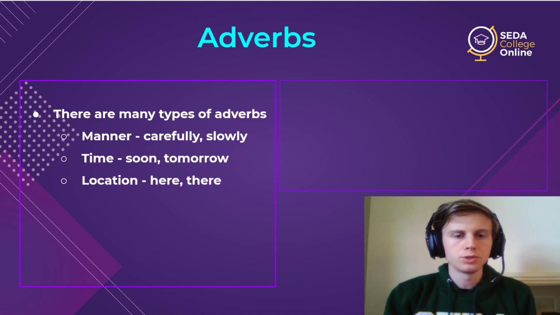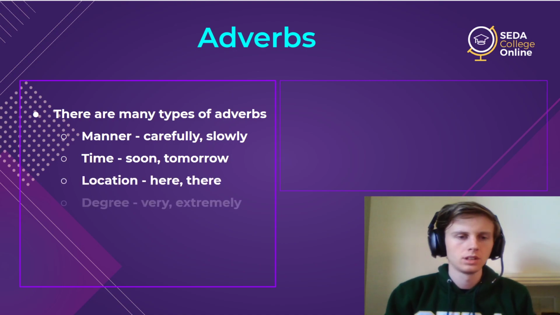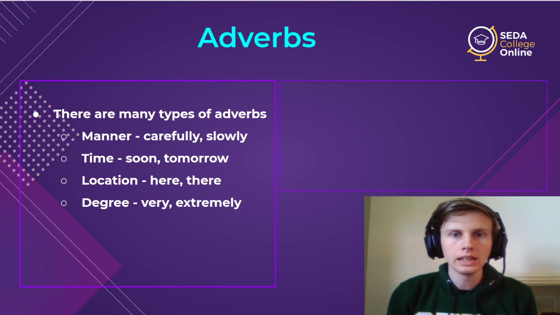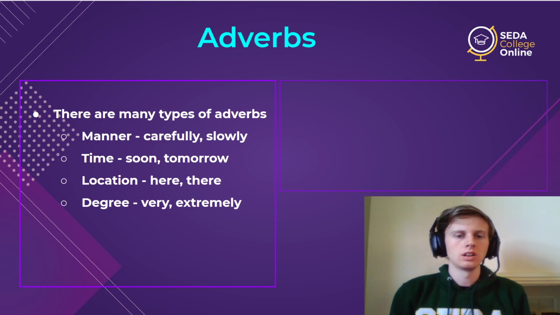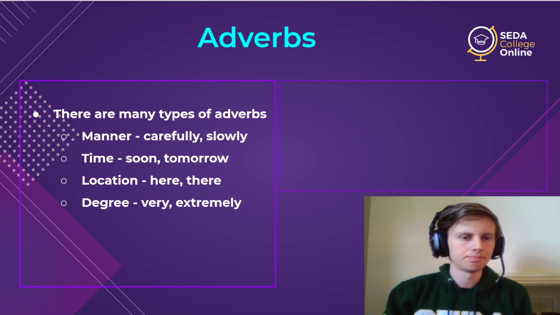There are adverbs of location that, again, are answering where: here, there. There are adverbs of degree. These are the ones that describe adjectives, so very, extremely, really. These ones help give emphasis or help intensify an adjective.